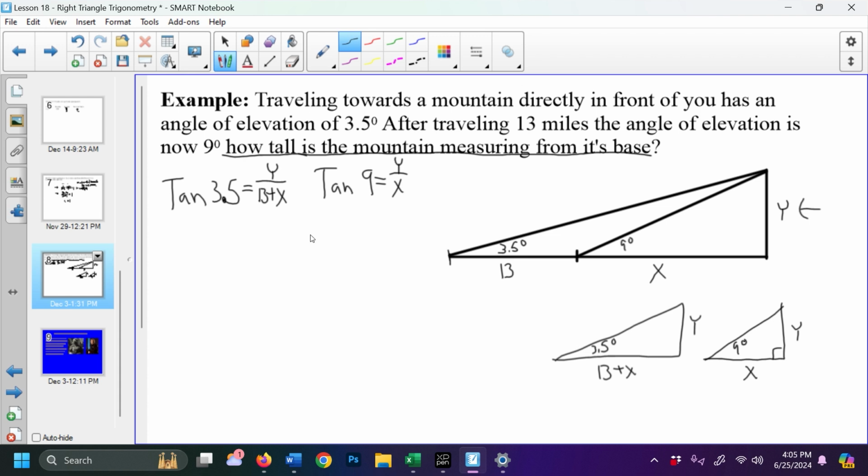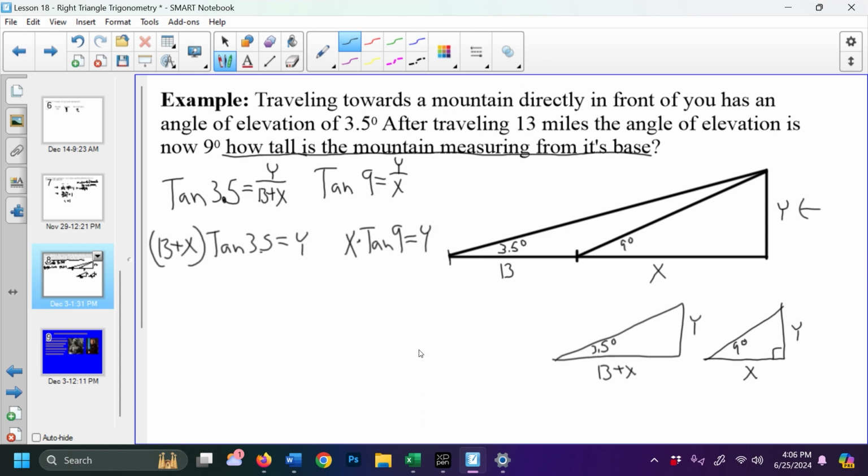But the reason that that ends up being the case is I can multiply both sides by the denominator and get y by itself. And what that'll look like is I'll have 13 plus x times the tangent of 3.5 is equal to y. And then I'll have x times the tangent of 9 equaling y.